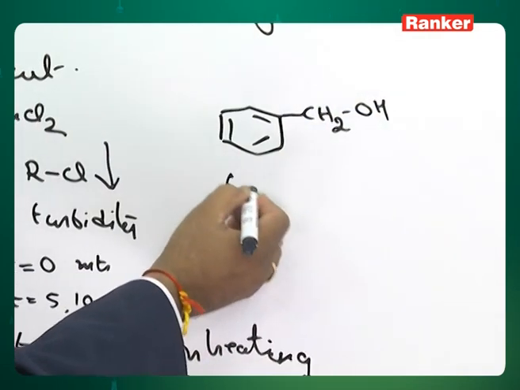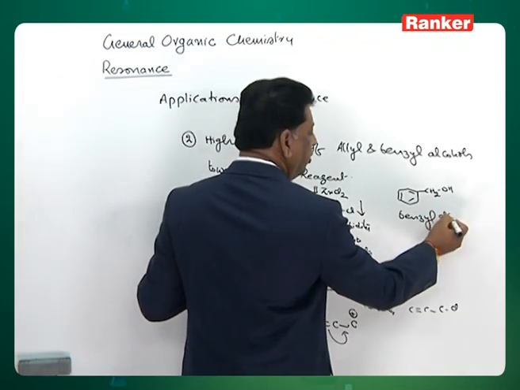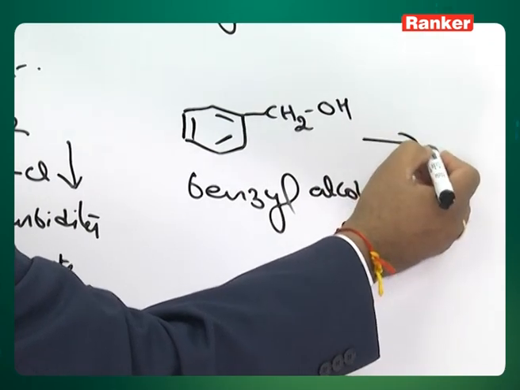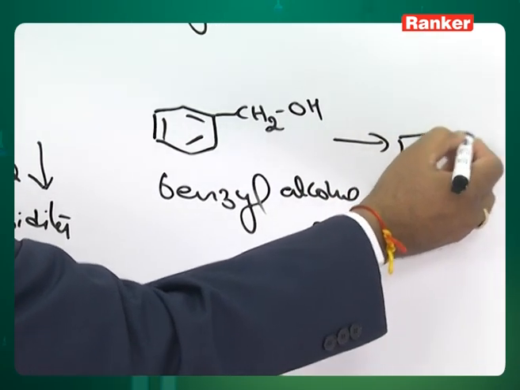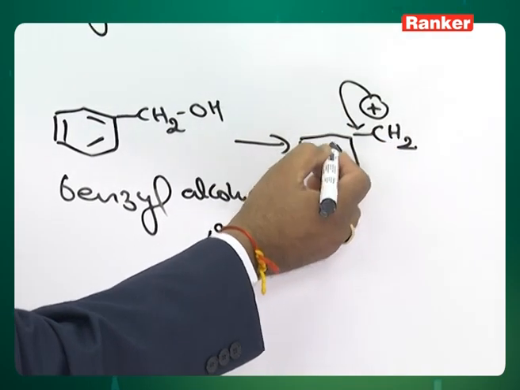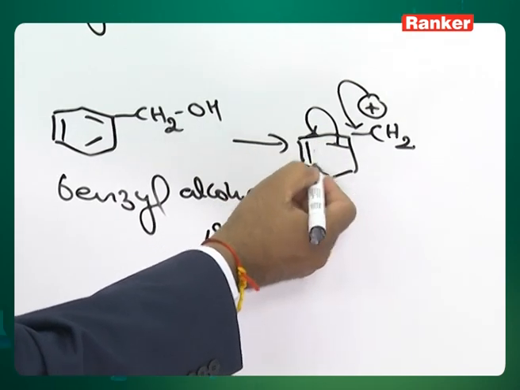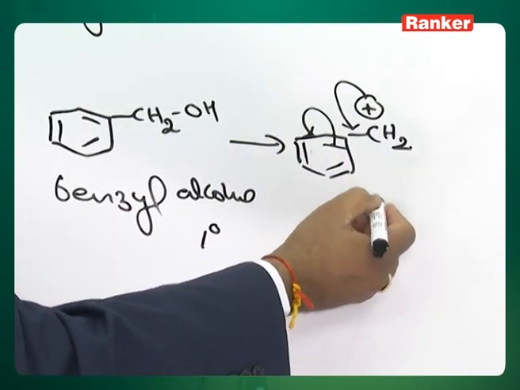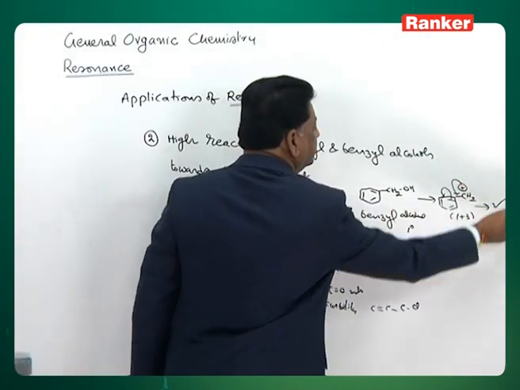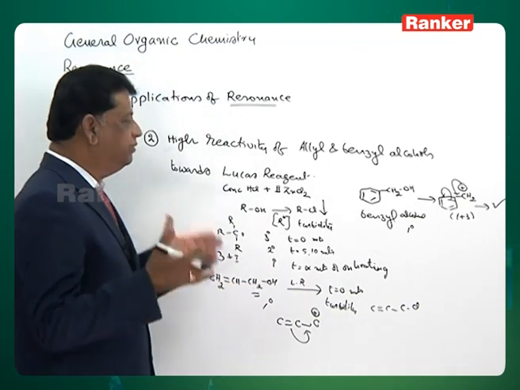Benzyl alcohol is also classified as 1 degree, no doubt, but its carbocation, the benzyl carbocation, has resonance stability. If the plus charge comes, the double bonds in the ring can be polarized, so 1 plus 3 resonance structures are possible. So once again this gives a fast reaction, because the intermediate is stabilized.